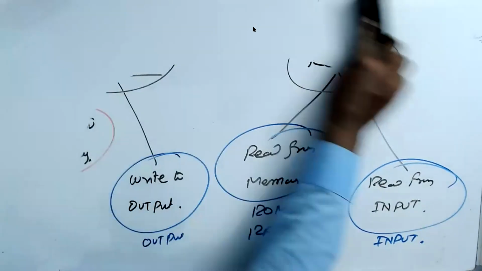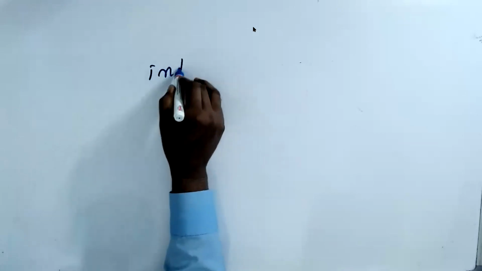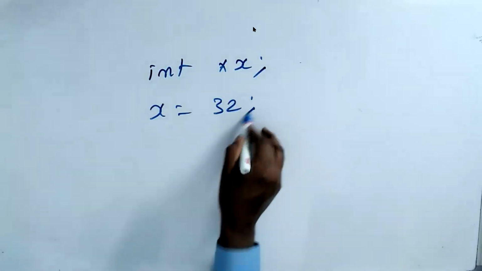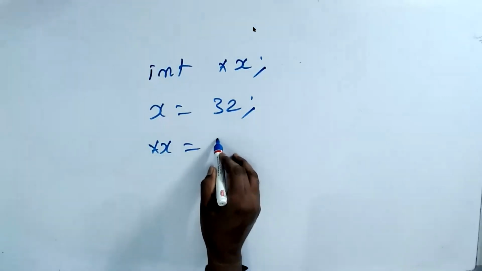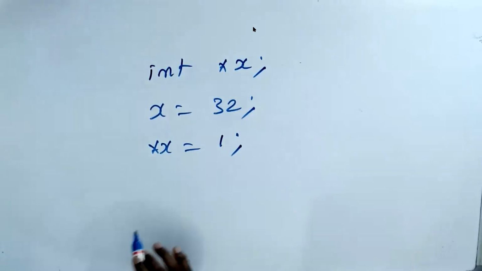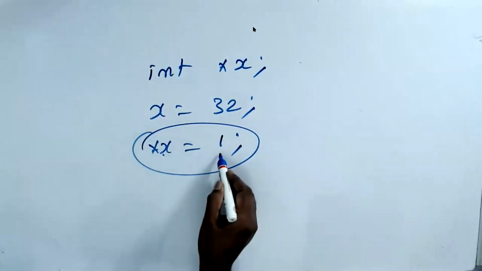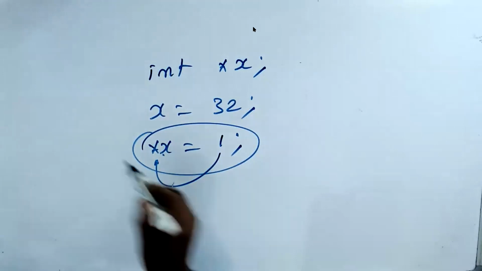Now let us see that in the software. When you write a program, you write something like int *x; x = 32; *x = 1. Now what is happening? You don't know whether you are writing into memory or output, because it's just writing. That depends on the memory map.